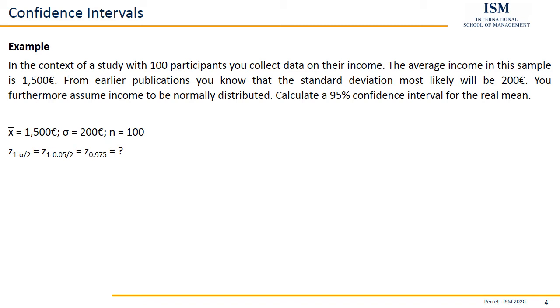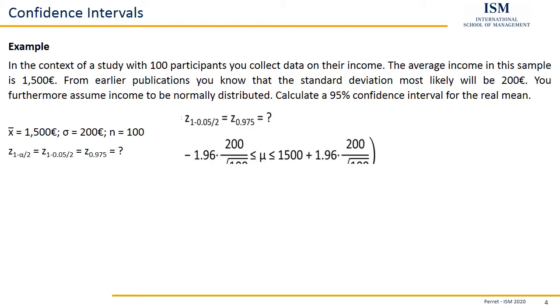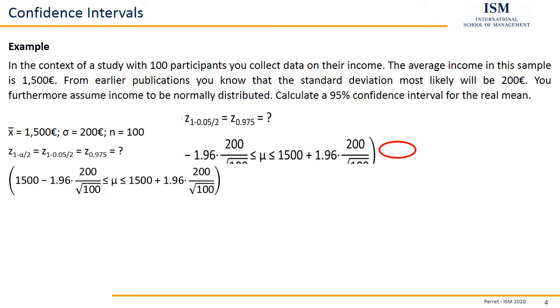So we have to look up in the table the value z for 0.975. Well, if I take the table, 0.975 results in a z value of 1.96. So that's actually the value we're looking for. Now we insert this value and the other ones into our interval. And this looks as follows.